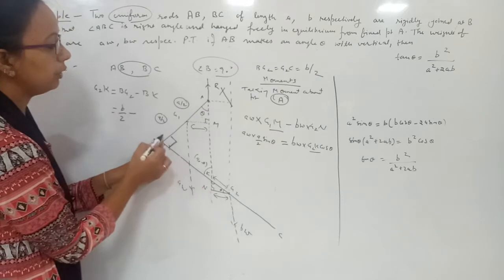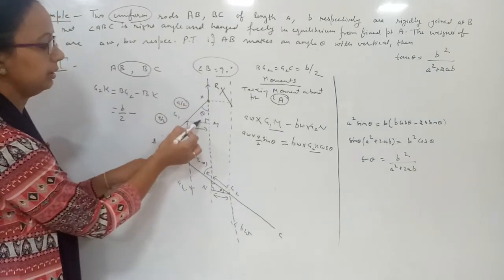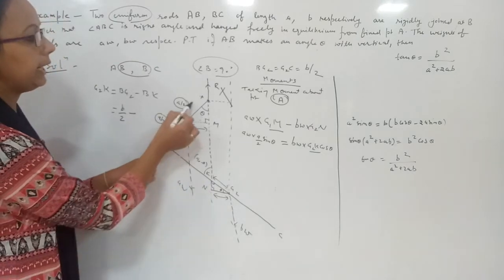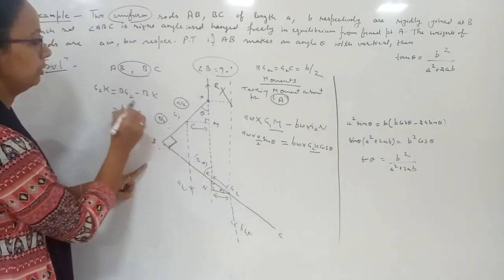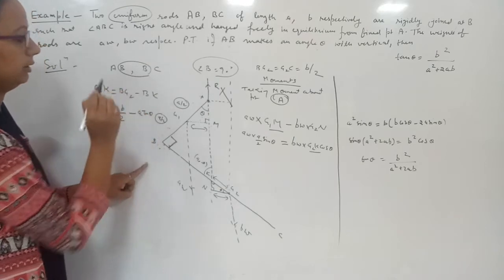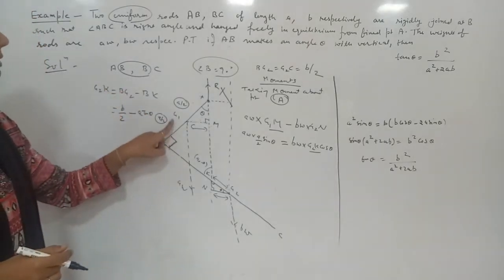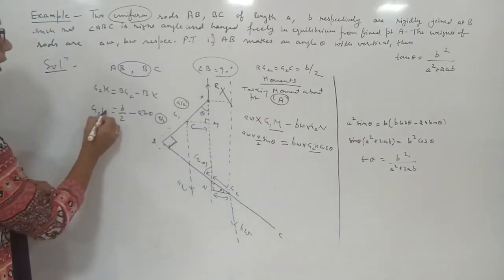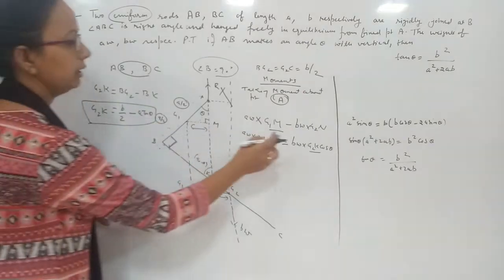So perpendicular over base is tangent theta. So this perpendicular BK will be equal to A into tangent theta, perpendicular over base, A into tangent theta. That is G2K. Now we'll put this G2K here.